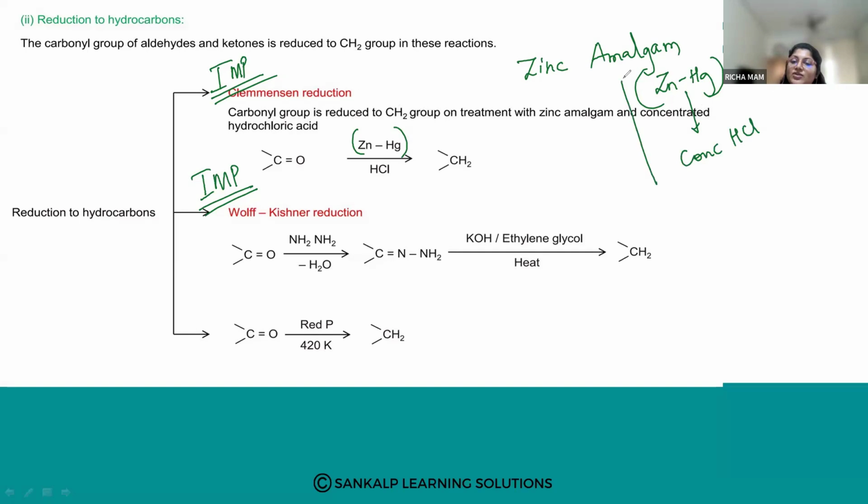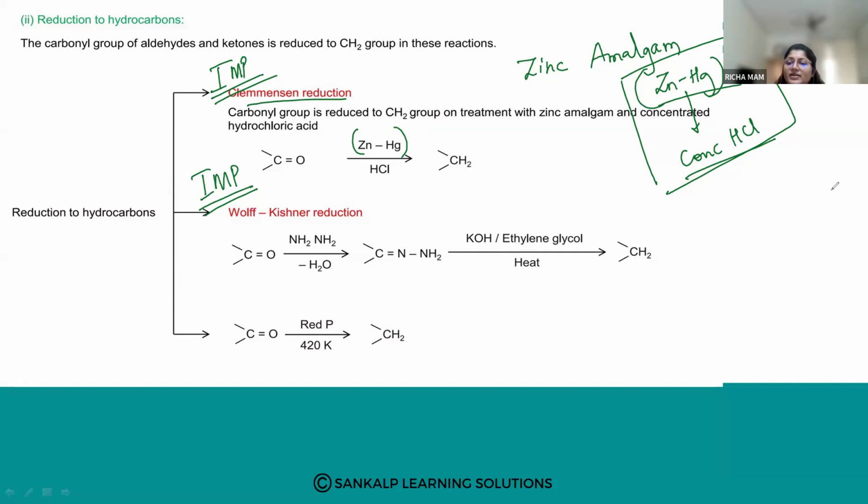Your carbonyl carbon is reduced to CH2, that is, a hydrocarbon. Very important, please mark this. In Clemmensen reduction, the carbonyl group is reduced to a CH2 group when treated with zinc amalgam and concentrated hydrochloric acid.